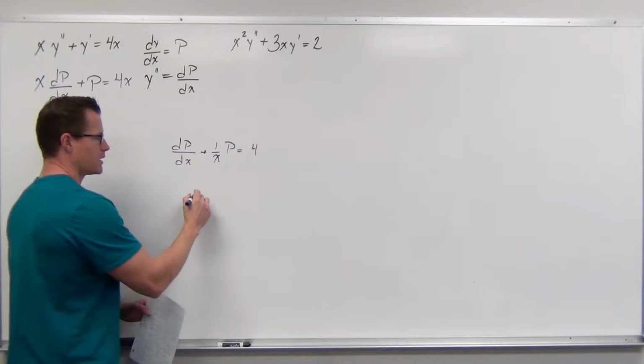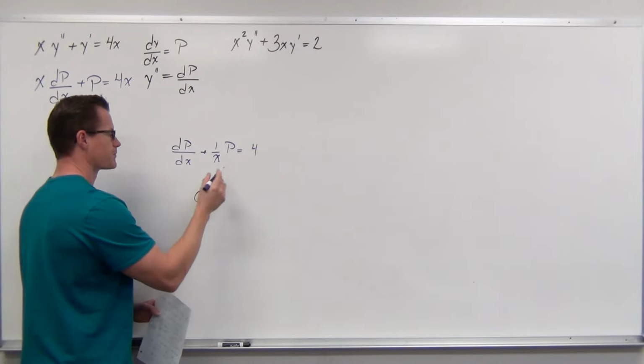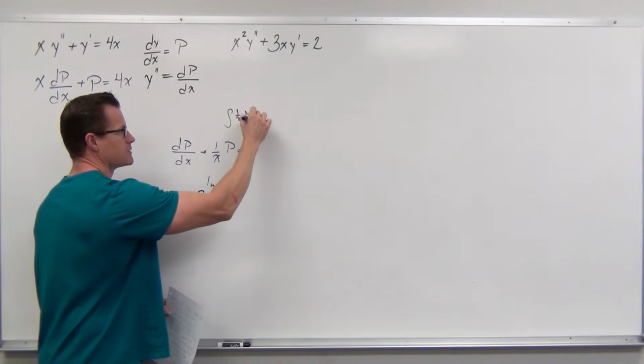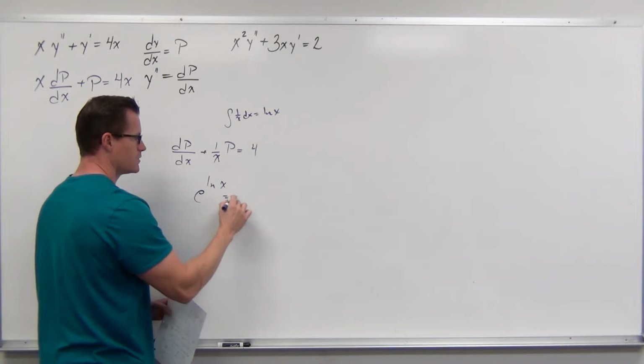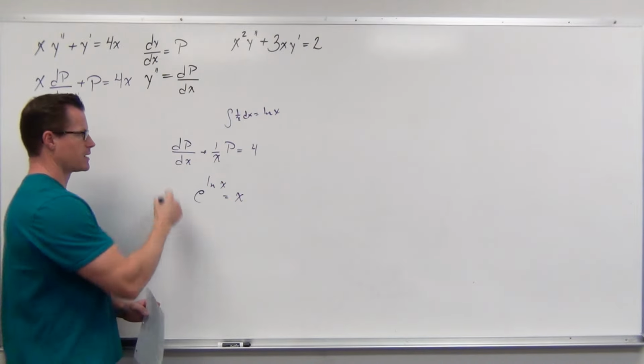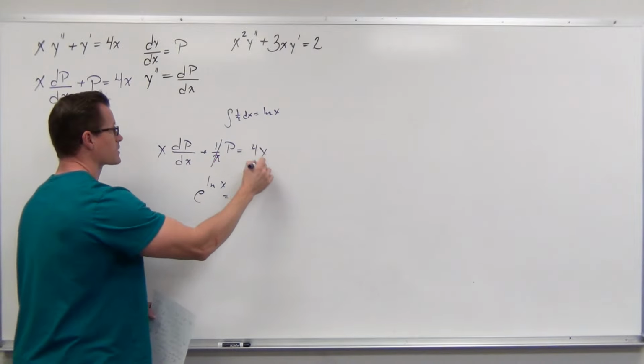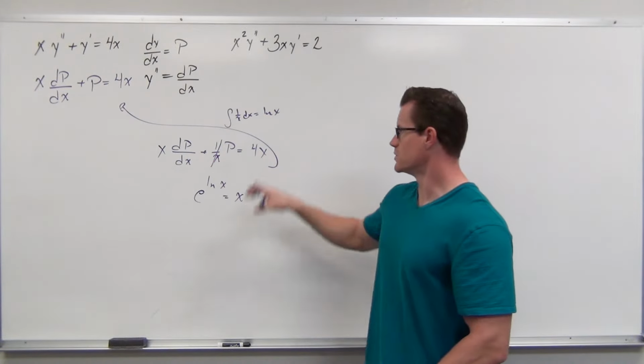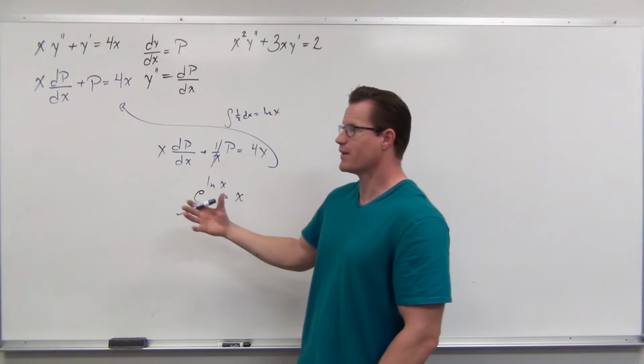We go, all right, well, e to the ln x, because the integral of 1 over x dx gives you ln x. That would give you x. Let's multiply that. x gone. Bam. It's the same exact thing. So even if you use an integrating factor, that integrating factor would be x.